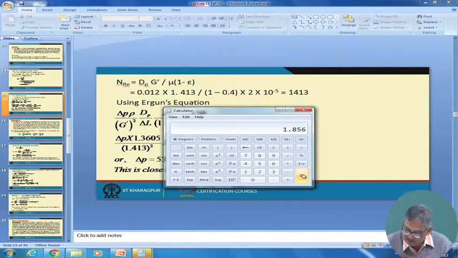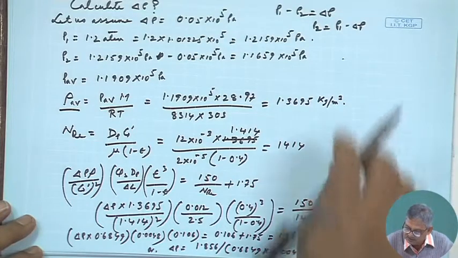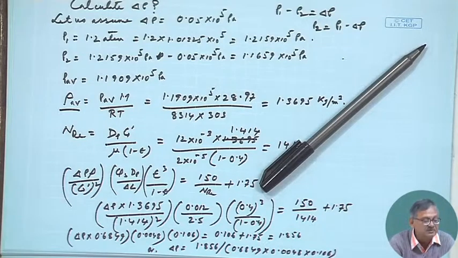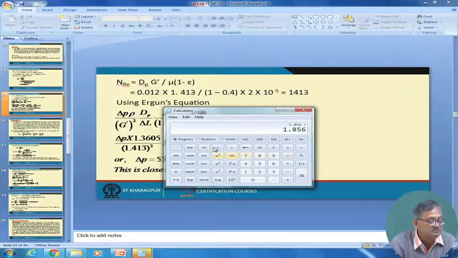0.6849 into 0.0048 into 0.106, right? So 1.856 divided by 0.6849 into 0.0048 into 0.106.